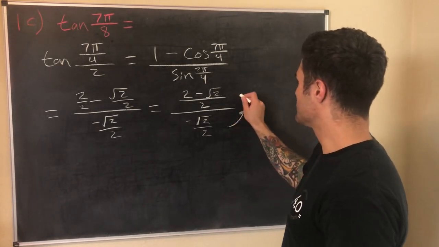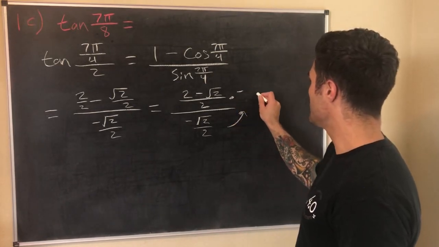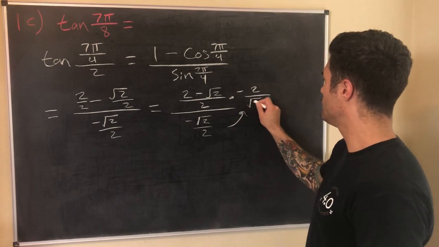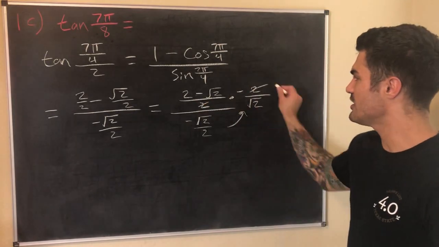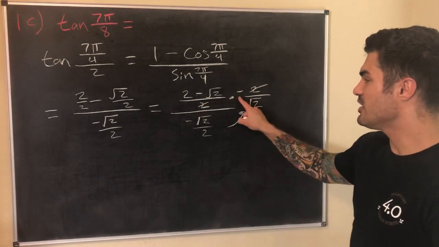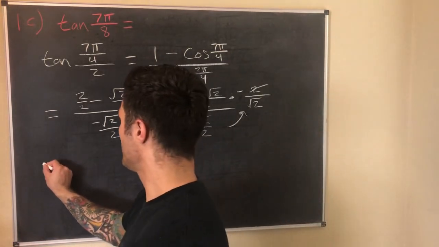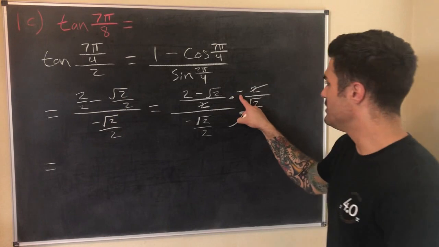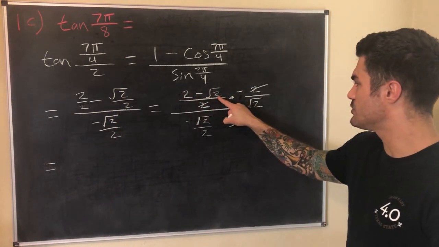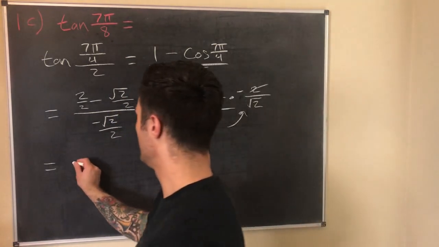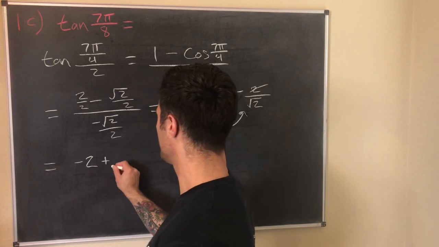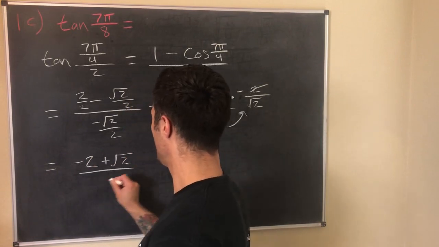I just think of it as flipping and multiplying, so negative 2 over root 2. These 2's cancel pretty nicely. I have to be careful with this negative. It has to go to everything. So let me make sure I be careful with this. This equals negative 2 plus root 2 all over root 2.